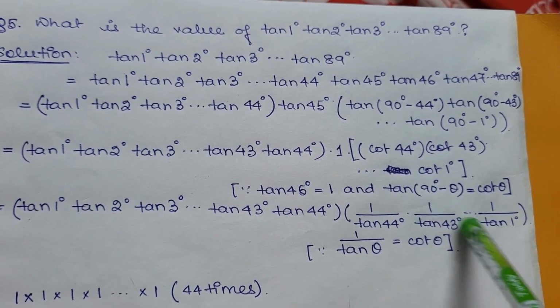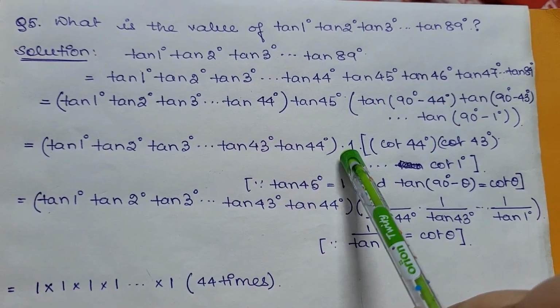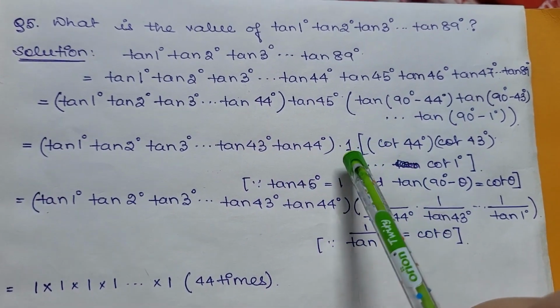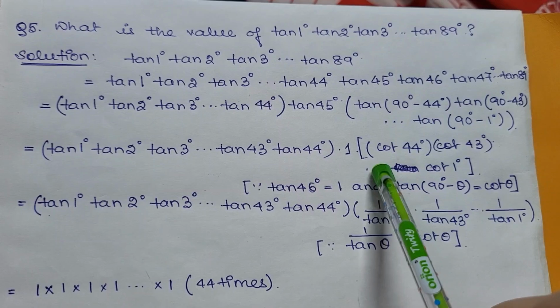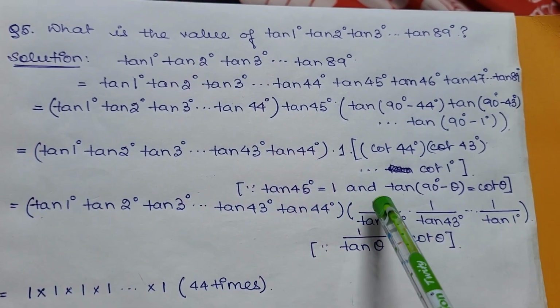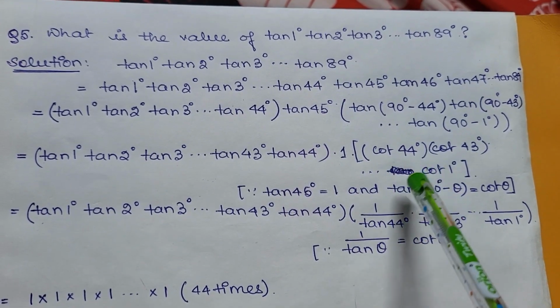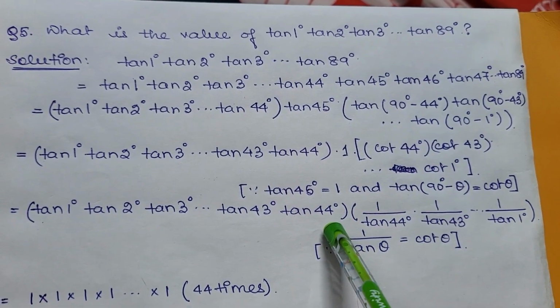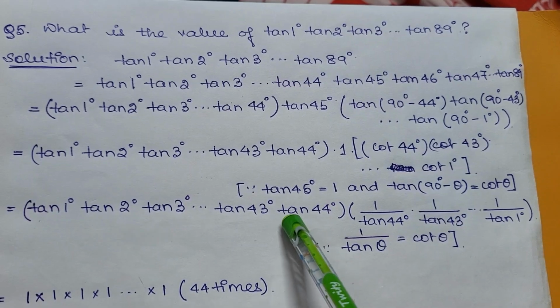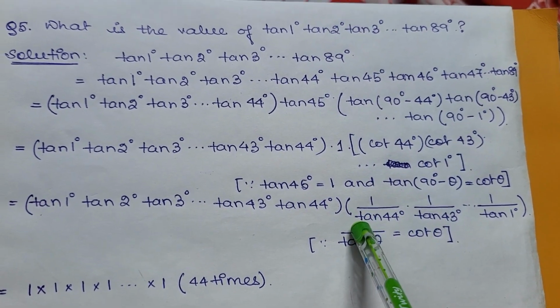Now see tan 44. Now this 1 is getting multiplied with this, so it becomes itself. Like if 2 is getting multiplied with a 1, we get a 2. 1 multiplying with something gets that something. So we can now cancel this tan 44 degree with this tan 44 degree.